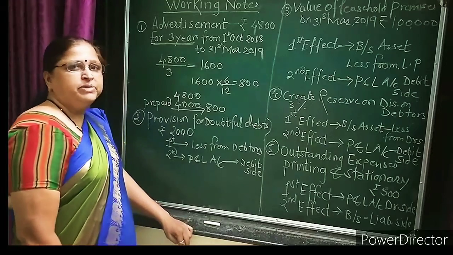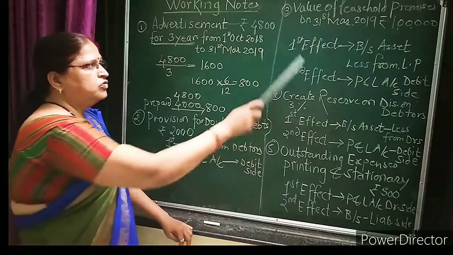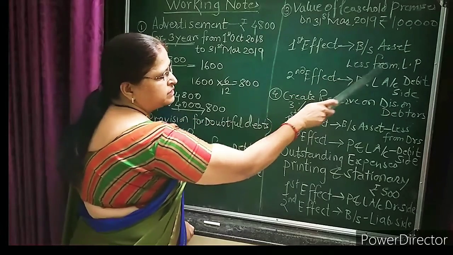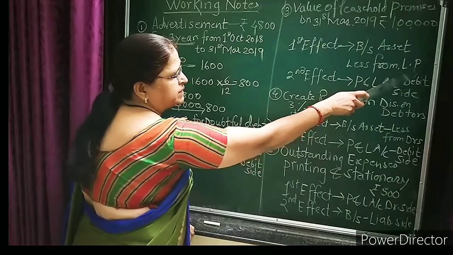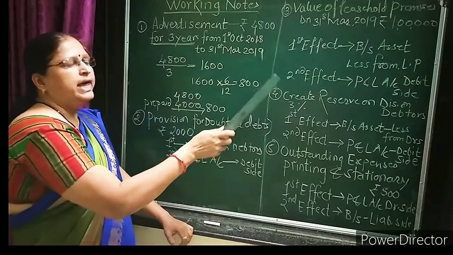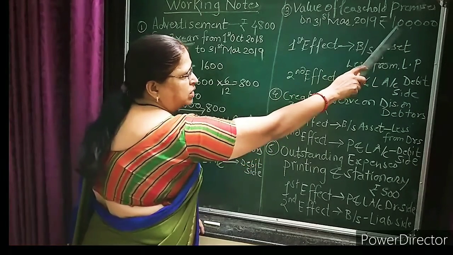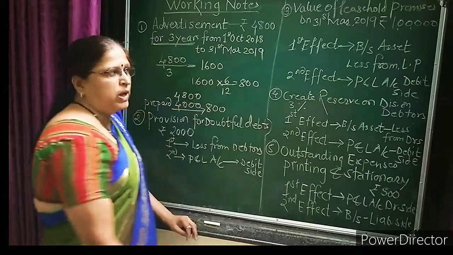So it has been depreciation. So first effect, balance sheet asset side, we have to less from leasehold premises. We have to take first 1,10,000 and 10,000 depreciation, and in outer column the amount will be 1 lakh.